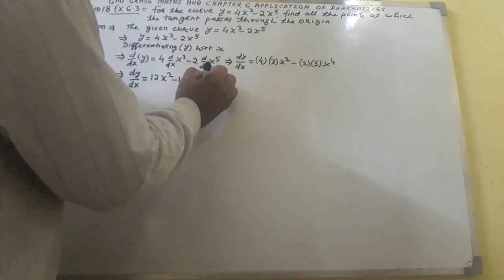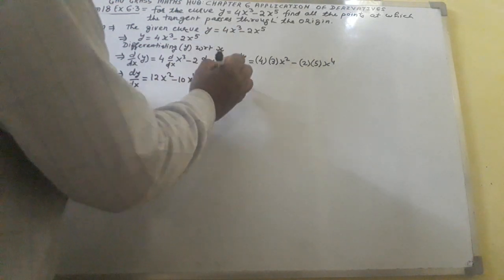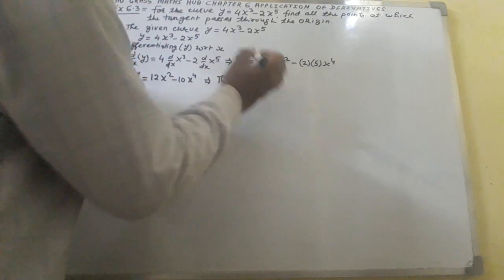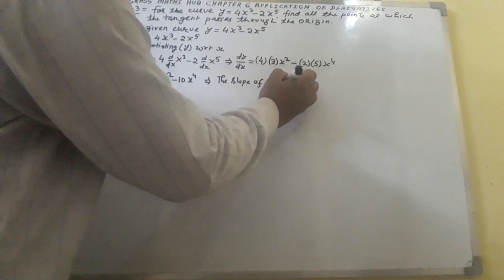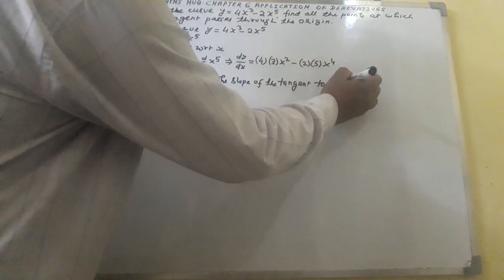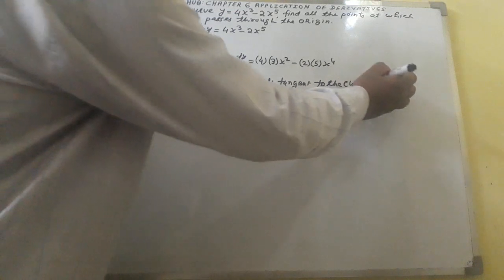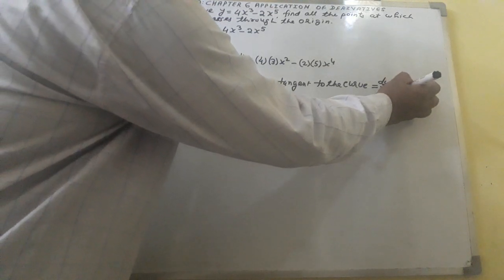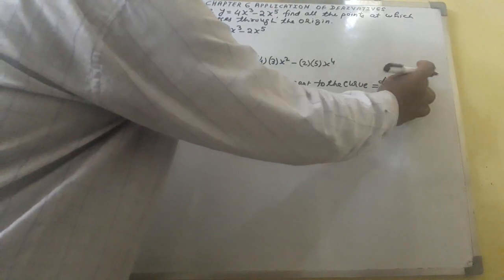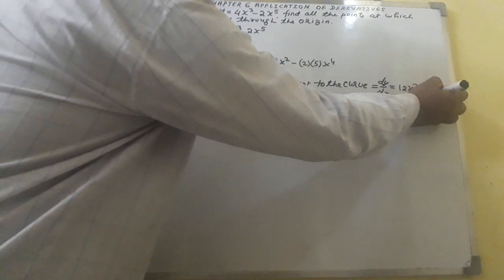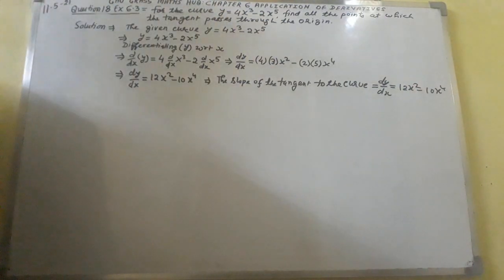Here again I shall write, the slope of the tangent to the curve equal to dy over dx equal to 12x square minus 10x raised to the power 4.